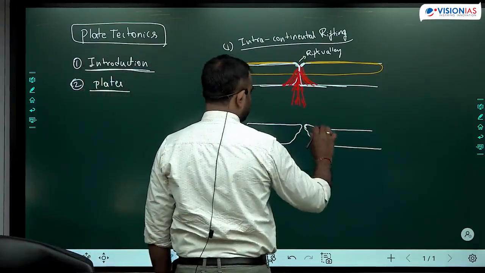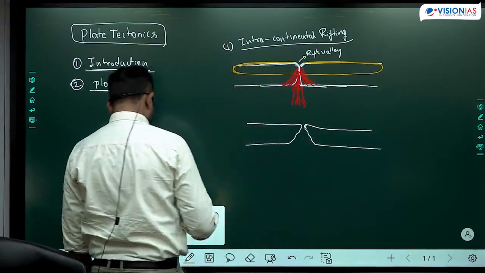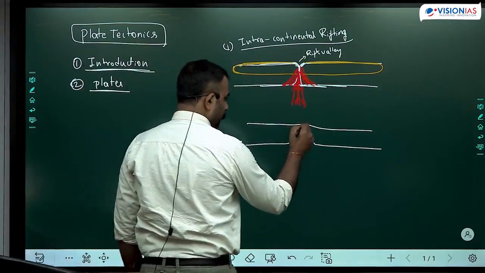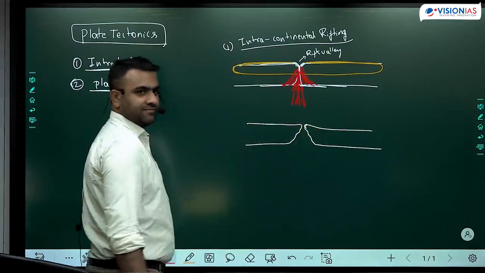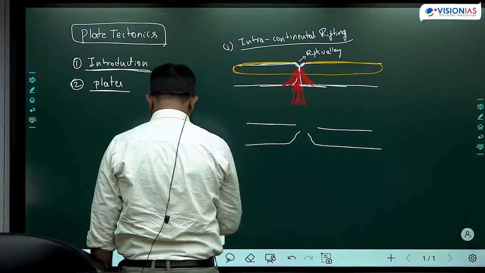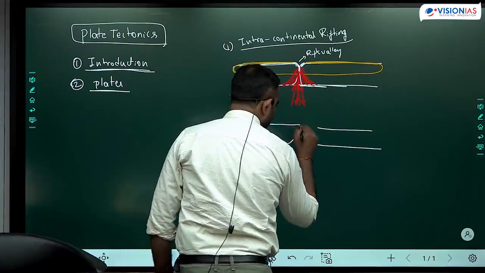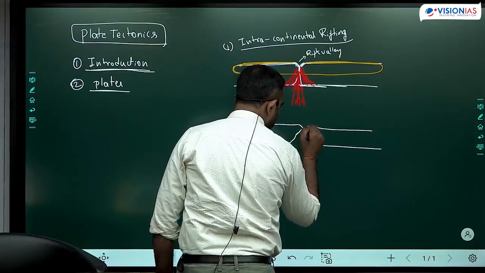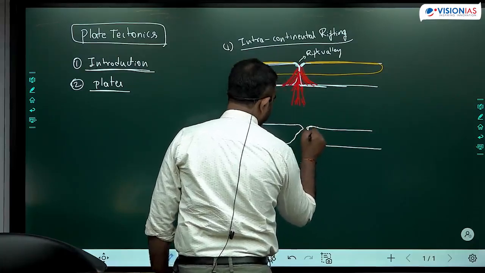The edge of the continent has become thinner. It has not only become thinner, it has also widened. The Rift Valley has widened. The depression has widened over a period of time.